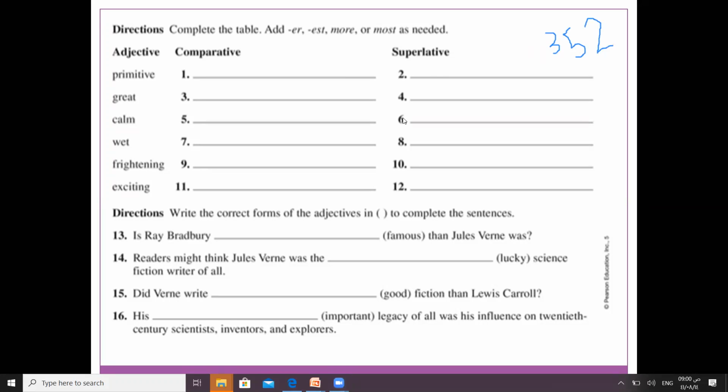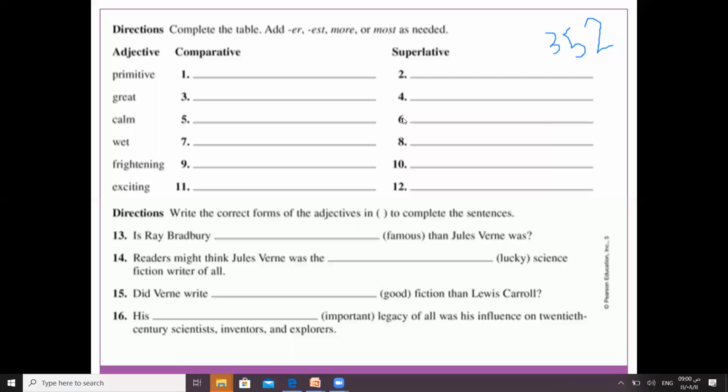The first question is complete the table. Add ER or EST, sometimes we will add more or most. Let's see. In comparative, I have primitive. What will I do? I have more than 2 syllables.